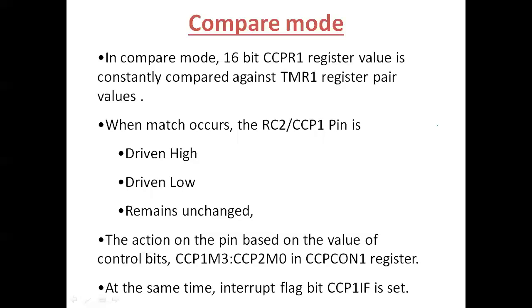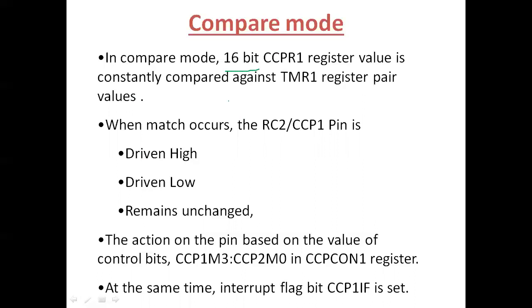Here in this compare mode of operation, the PIC microcontroller's 16-bit CCP register value is constantly compared against the Timer 1 register pair value. As we know, when you are using a CCP module, we have to turn on Timer 1.